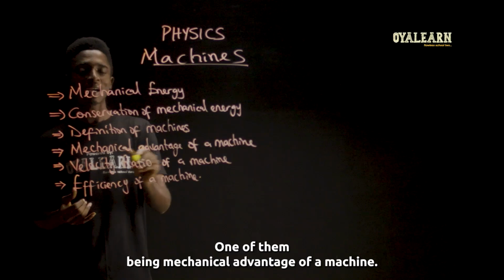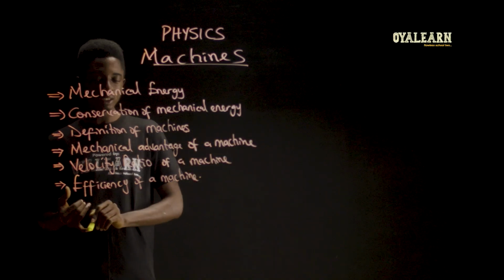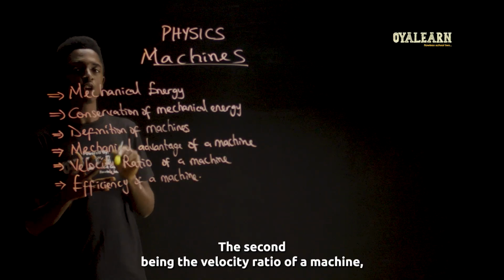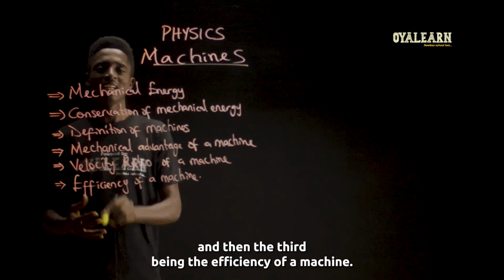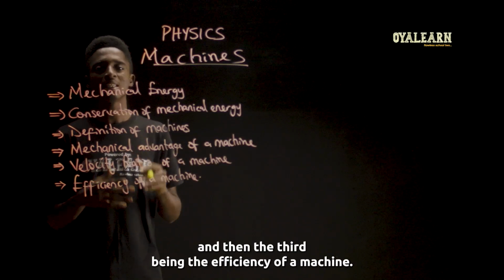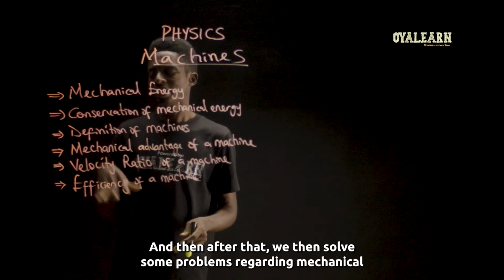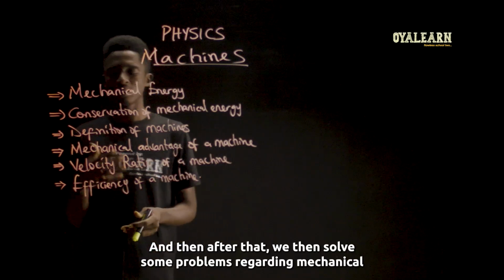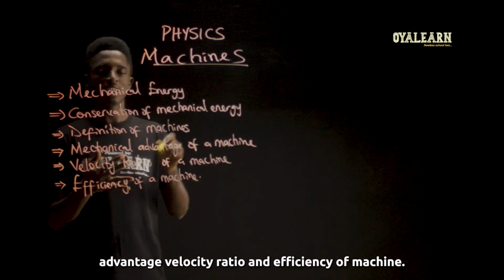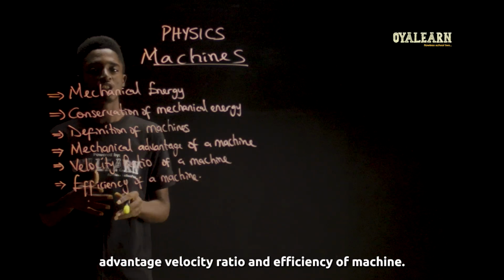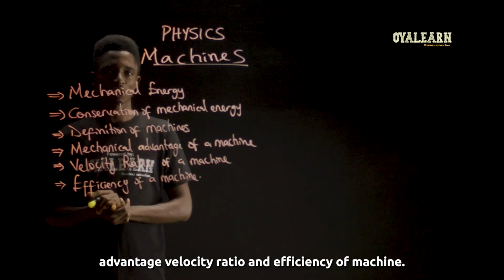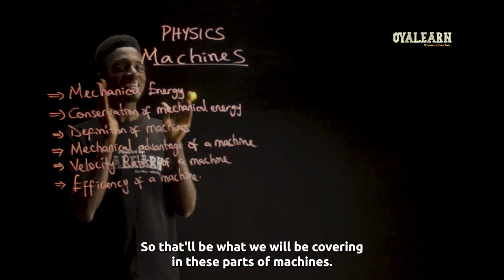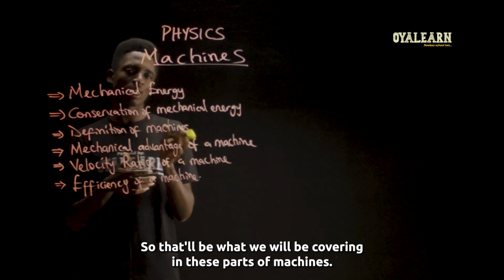One of them is the mechanical advantage of a machine, the second is the velocity ratio of a machine, and the third is the efficiency of a machine. And then after that, we solve some problems regarding mechanical advantage, velocity ratio, and efficiency of a machine. So that will be what we'll be covering in this part of machines.